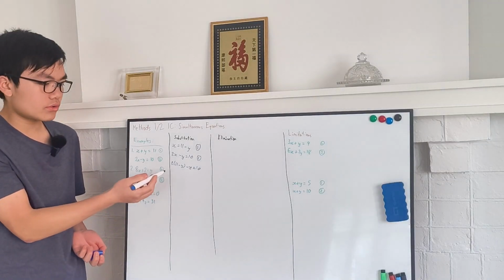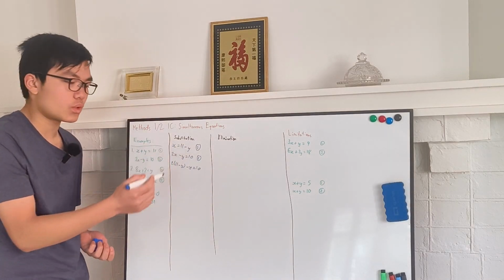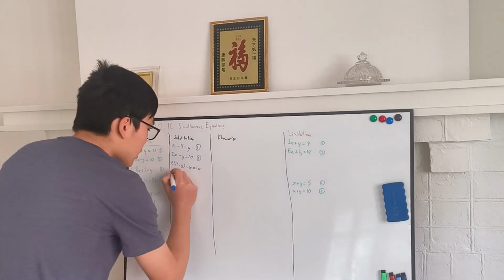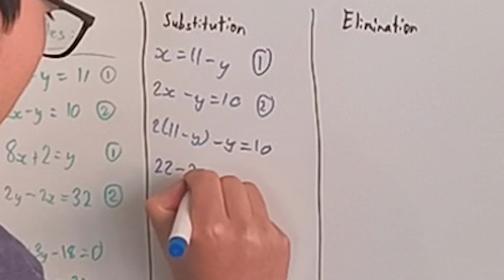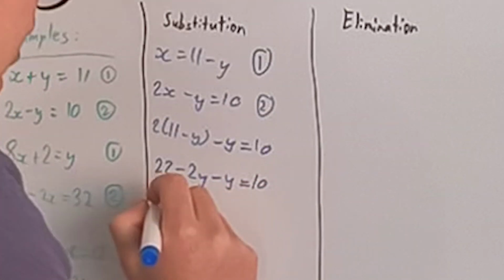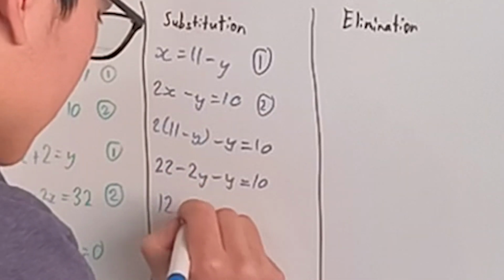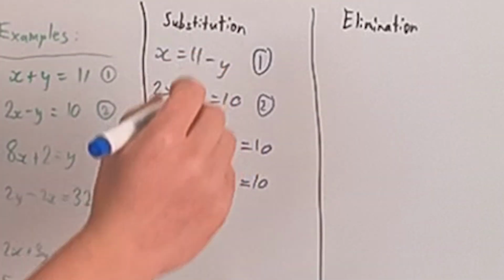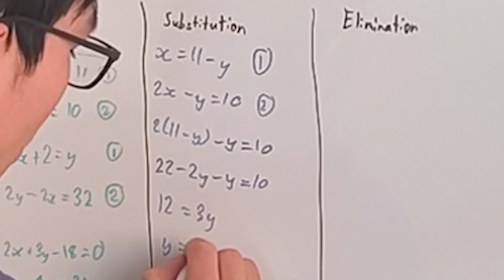That's our new equation once we've substituted the first equation into the second one. Now we can expand the bracket: 22 minus 2y minus y equals 10. So that becomes 22 minus 10, so 12 equals, and then we transfer the minus 3y to the other side, so that becomes 3y, and y equals 4.